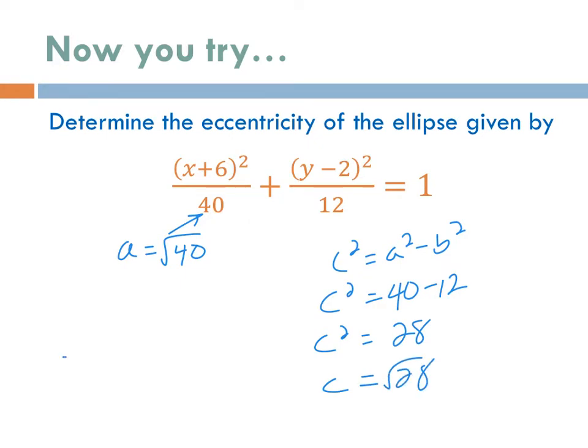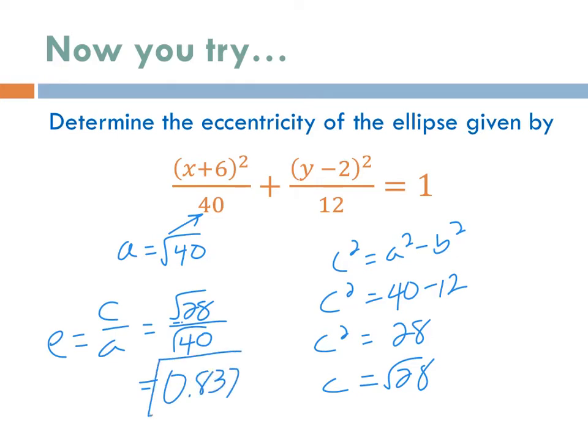Remember, to find eccentricity, it's c over a, so it ends up being the square root of 28 over the square root of 40. We like these as decimal answers, so if we take the square root of 28 and divide that by the square root of 40, it looks like we get 0.837. So there's my eccentricity for this ellipse.